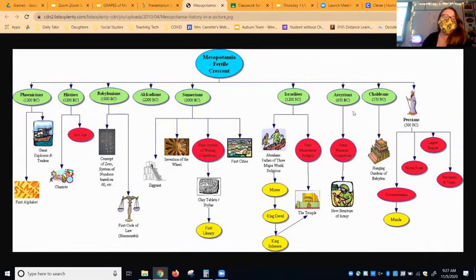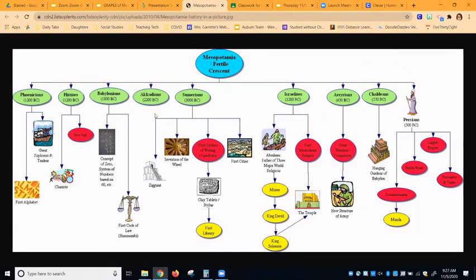The rest is kind of some of their achievements, but what I want you to really focus on is all of these green circles are a different group in charge of the land. So this is going to be a lot of fighting and a lot of war, which is really a lot of transition. Things are constantly changing there. You don't really have a long period where everything's really the same.